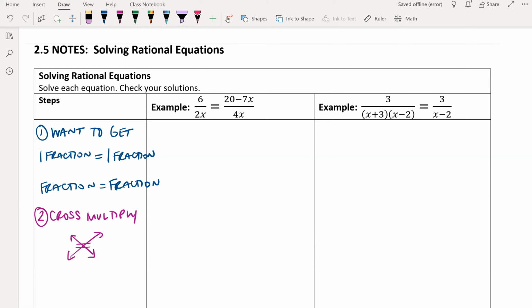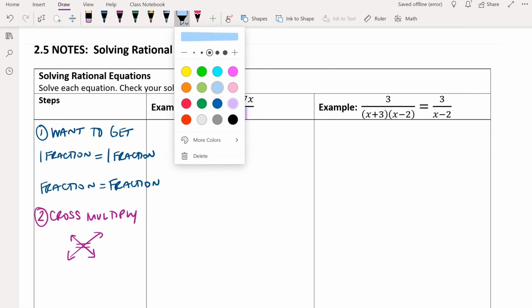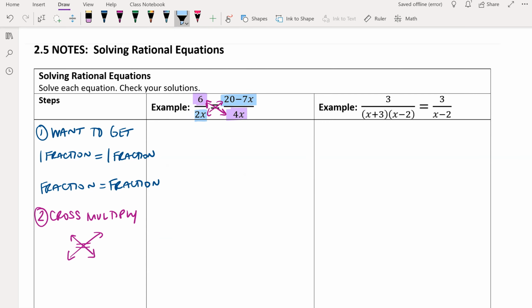You're going to draw in your example arrows through your equal sign that are kind of pointing at opposites. So the numerator and the denominator on the opposite side of the equal sign. And then we're going to cross again and point at the denominator and then the numerator. Cool? Those things that are diagonal from each other, we are going to multiply together. So let's go ahead and do that.